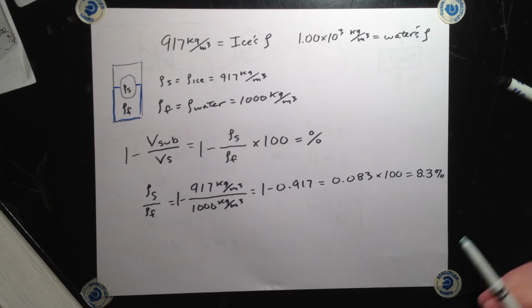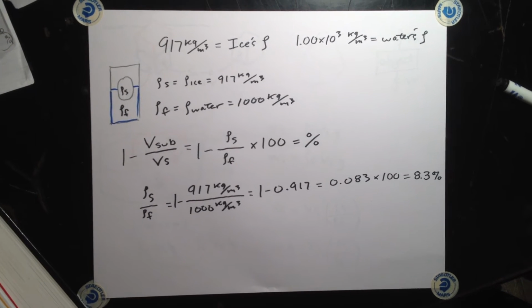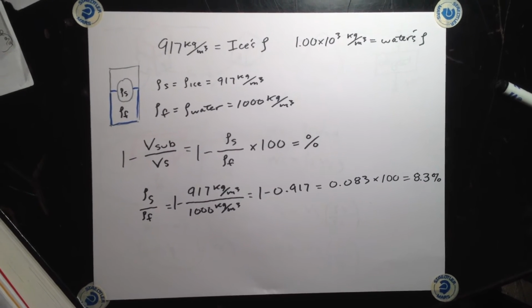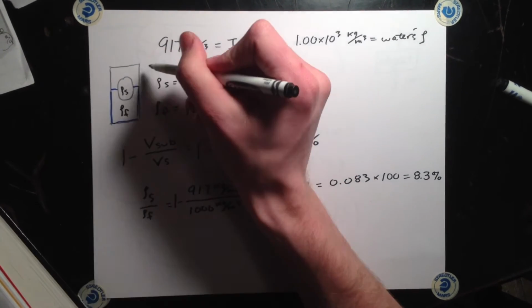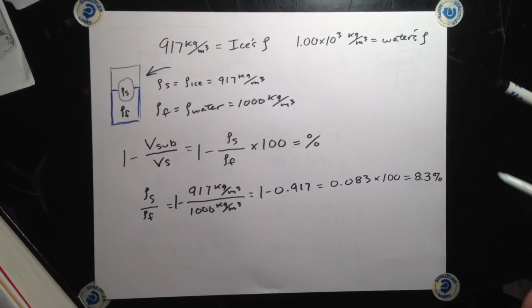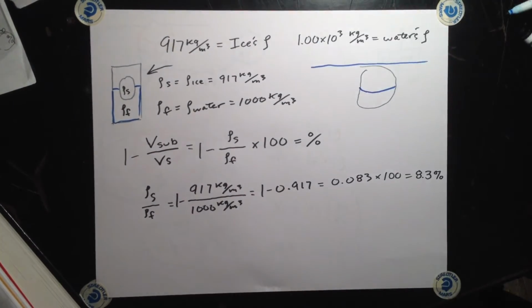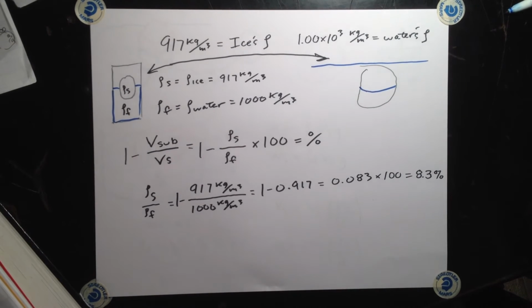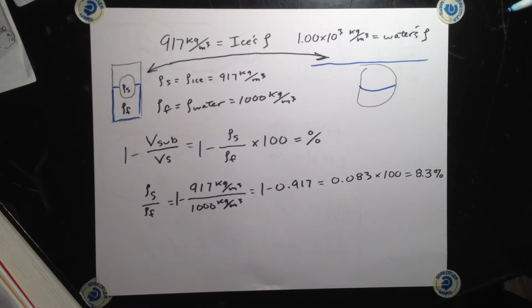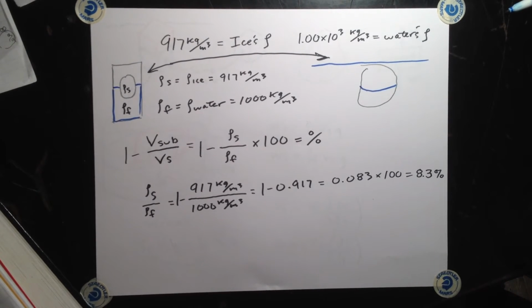Because we seek a percentage, it is not necessary to know the total volume of the ice. Thus, our result is that 8.3% of the ice is above the water, whether we are talking about an ice cube in a drinking glass or an iceberg floating in a freshwater lake. If an iceberg floats in the ocean, however, it will float higher due to the higher density of seawater.